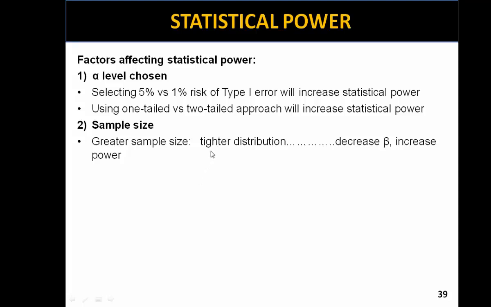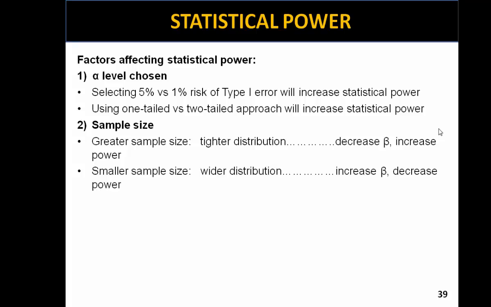So what we would see is a tighter distribution. That tighter distribution will decrease the beta and thereby increase statistical power. Beta being the risk of committing a type 2 error.